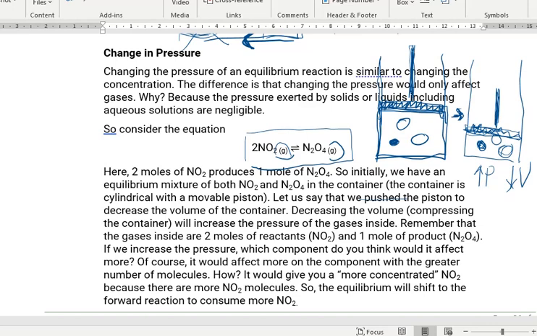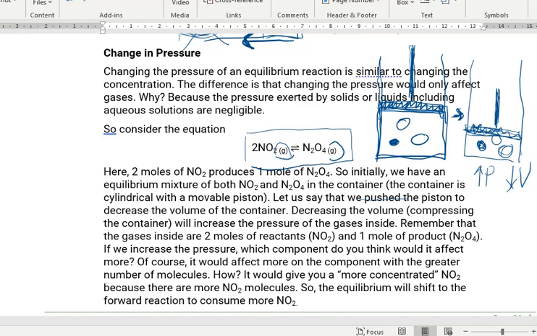Now, here's the catch. When you decrease the volume, the pressure increases. So, it's like the concentration increases. Right? Now, what is affected here?